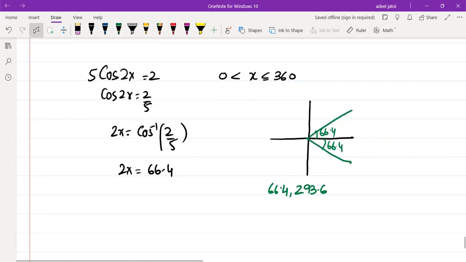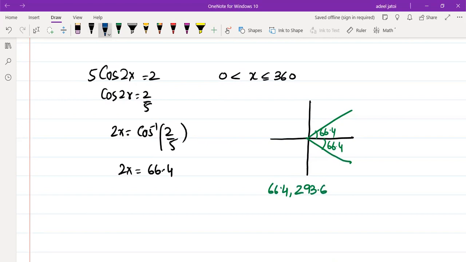But my range has increased now. That means I need to find my basic angles beyond 360, so that when I divide by 2, those answers also come between 0 and 360.